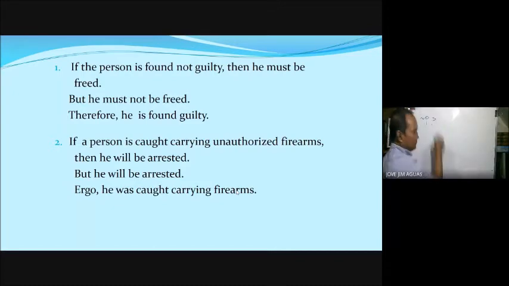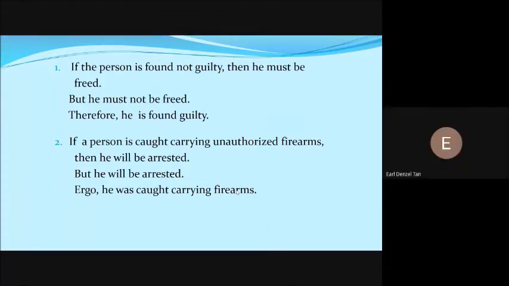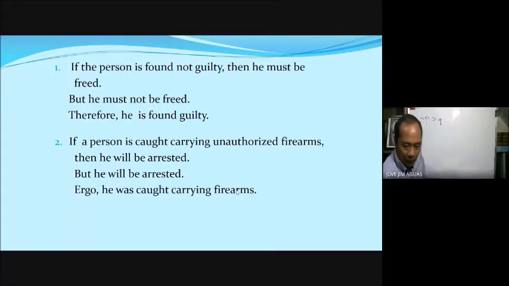Then he must be freed, Q. He must not be freed. What should be the minor premise? Not Q, not freed. So you just then found guilty, P. This is the schema of that syllogism.